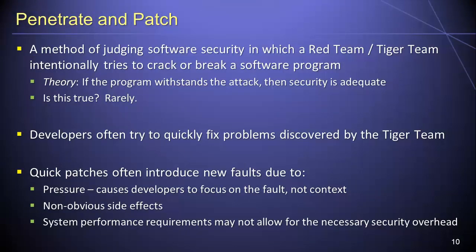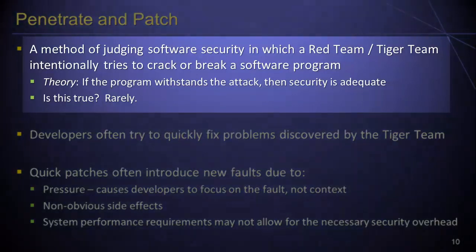Next, I'd like to discuss a countermeasure which has been used for many decades in an effort to address software program flaws, but which over time has come to be recognized by many security experts as largely ineffective. This countermeasure, known as penetrate and patch, is a method of evaluating the security of a software program in which a specialized team, known as a red team or a tiger team, intentionally tries to crack or break the software program.